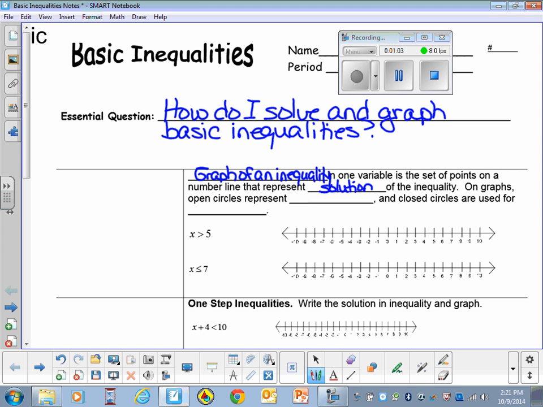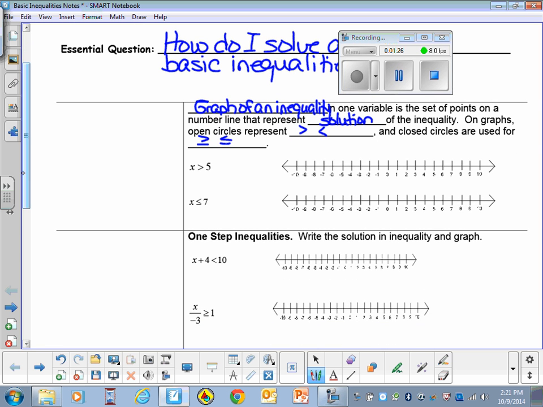The big difference between inequalities and equations is that equations have one answer. Inequalities have an infinite number of answers. It's a range idea. On graphs, open circles represent greater than and less than, and closed circles are used for greater than or equal to, and less than or equal to.